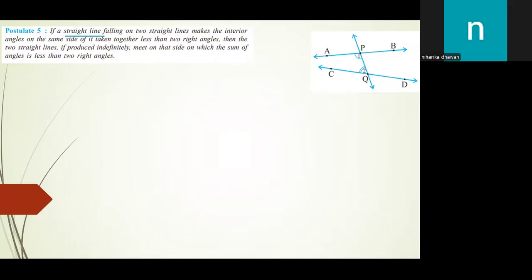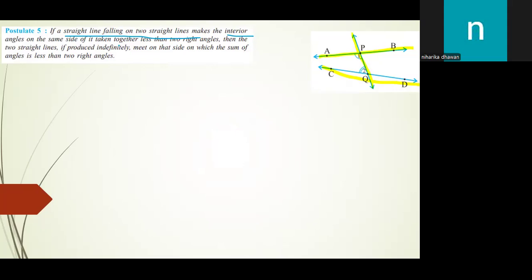If a straight line falling on two straight lines, like here as we can see, this straight line is falling on these two straight lines. PQ is falling on AB and CD. Makes the interior angle on the same side of it.